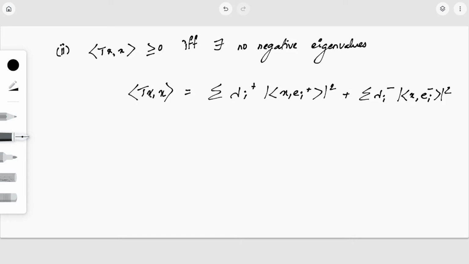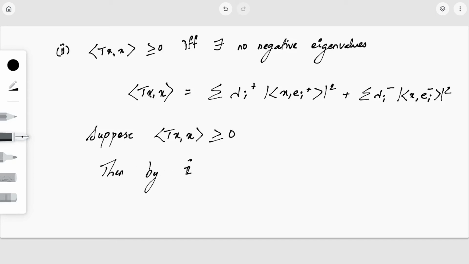Now let me suppose that ⟨Tx, x⟩ is greater than or equal to 0. So if this expression is greater than 0, then by the first part, what can I say?